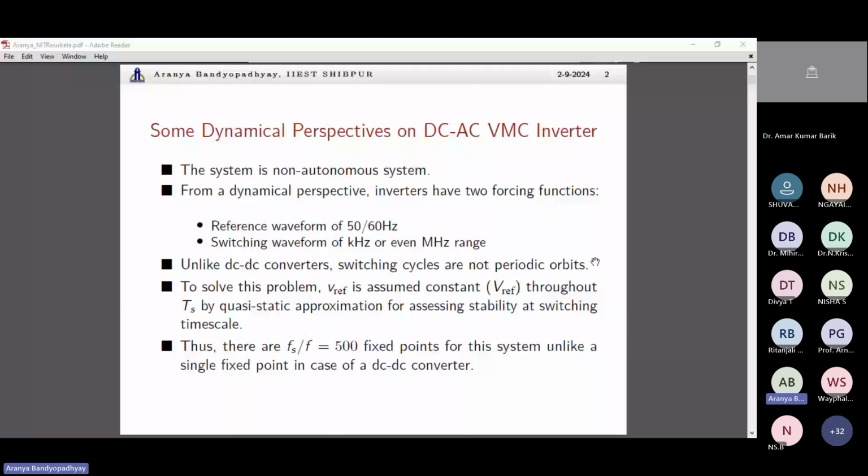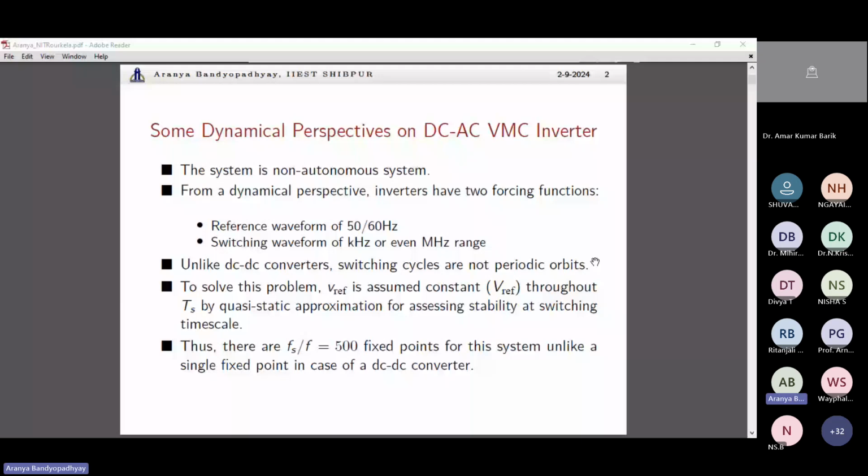When it is undergoing normal operation, the state space variable, either the inductor current or the capacitor voltage, at the very beginning of the switching time period, you just have to take a look at its value, and you will see that during its normal course of operation, it will return to that exact value at the end of the switching time period.